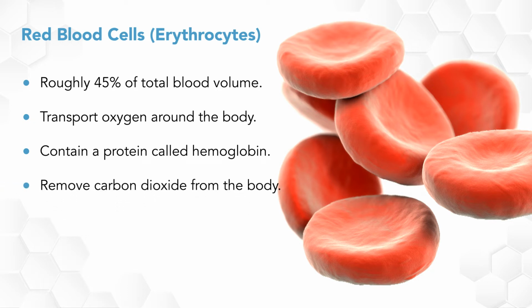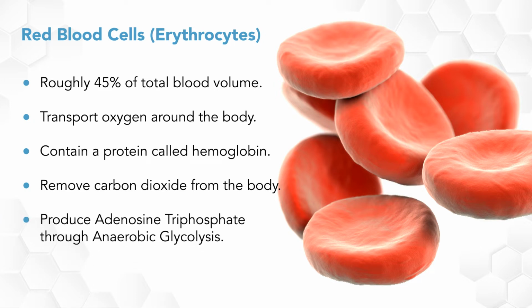Red blood cells also remove carbon dioxide from the body and transport it to the lungs for expiration. These cells also produce adenosine triphosphate through anaerobic glycolysis in order to vasodilate blood vessels like arteries and capillaries. When blood vessels vasodilate, they widen, which helps improve blood flow around the body.